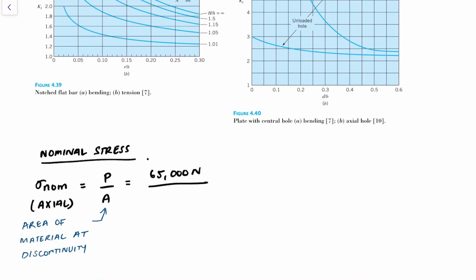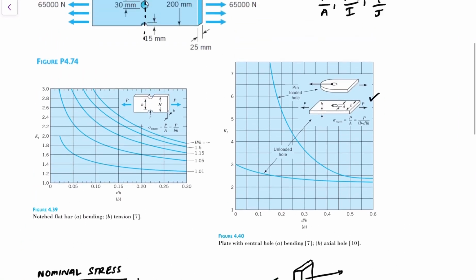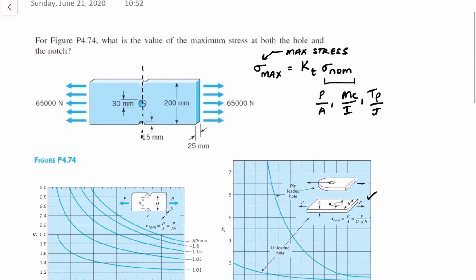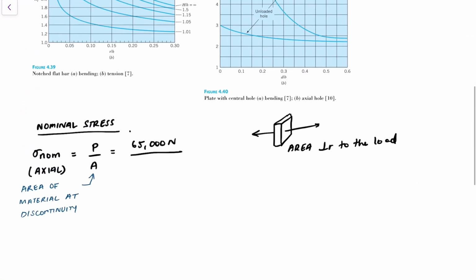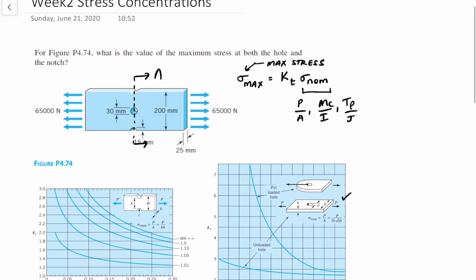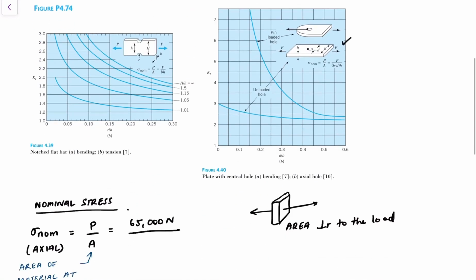So for our axial load, what's important is that the area is perpendicular to the load. So in this case, let's take this section here, section AA, and let's look at it.